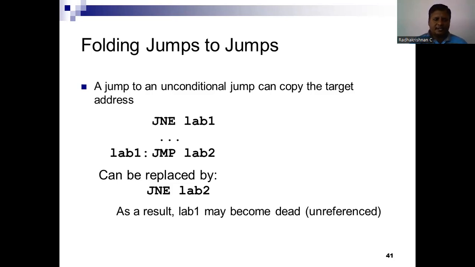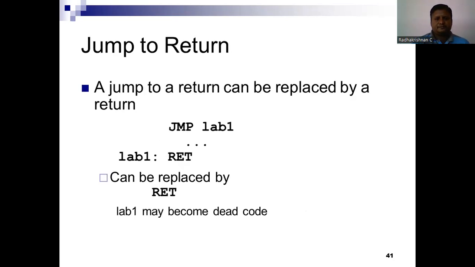For example, if the condition is checked, go to address 100, and again the control transfers from address 100 to address line 200, so the next target is 200. In that situation there are unwanted switches from one memory location to another, and we need to remove that unwanted jump. If we initially point directly to label 2, meaning go to label 2, our code will be optimized. Jump to return is the same concept.